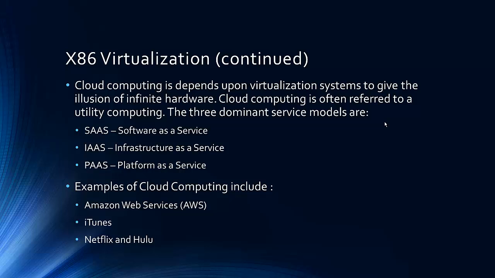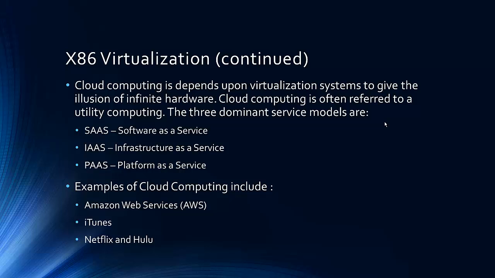So cloud computing, and I've got some examples listed here. As a user of a cloud service, you don't care about the infrastructure that's required to get you your service. So if you're using iTunes or Netflix or Hulu or Amazon Web Services, as an end user, you want the same reliability from your computer resource as you do from a light switch. When you need light in your room, you flip a switch and the lights come on.